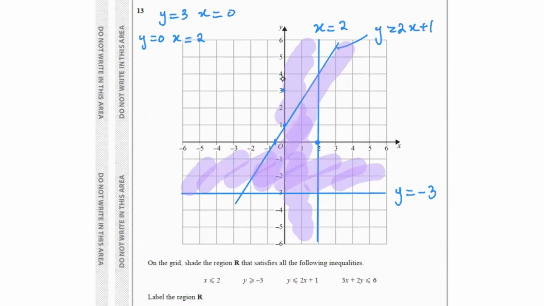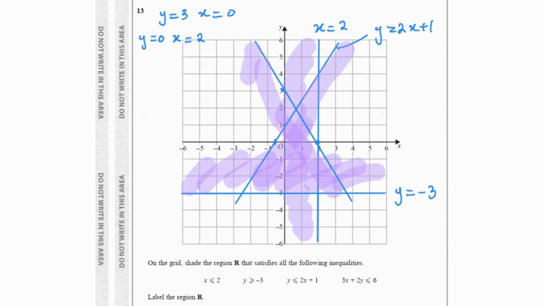So if we connect the points, and it is less than or equal to, so it's going to be over here. As you can see, this is the overlapping region, the one in the middle.